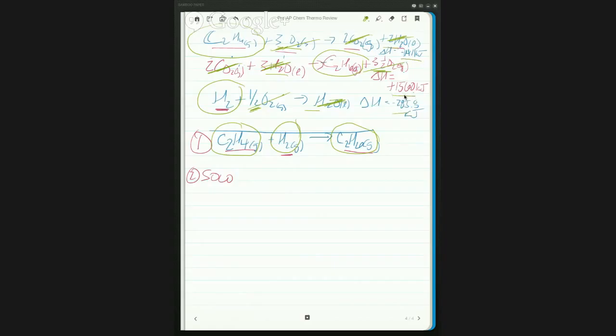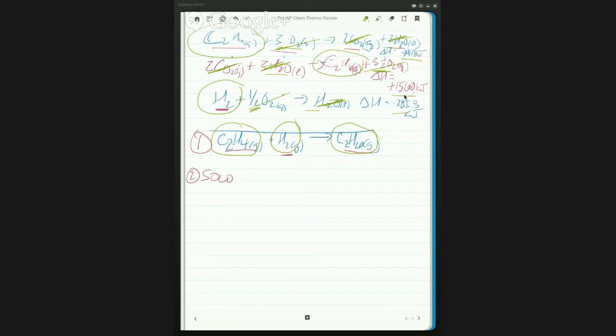Actually, that was pretty easy. Let me just grab my calculator. So I've got negative 1411 plus positive 1560 plus negative 285.8.